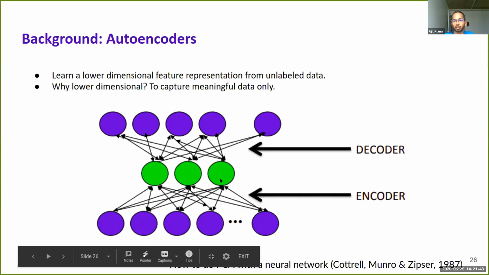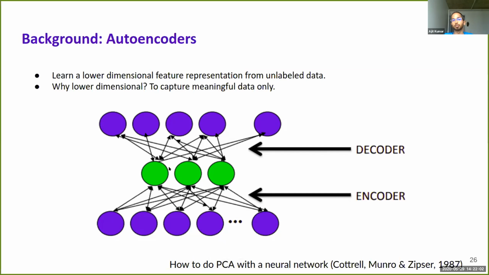We try to find a lower dimensional representation such that we can recover this data exactly. Like this neuron should be the same as this neuron in the output layers, and we try to learn these values. So essentially what we're trying to do is figure out some smaller dimensional representation of the data, which gives us a good representation of the original data. And these are good features.